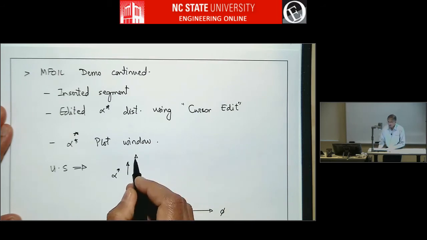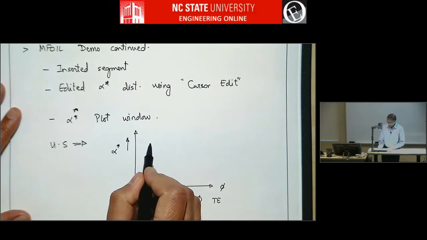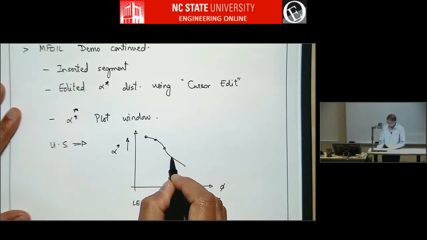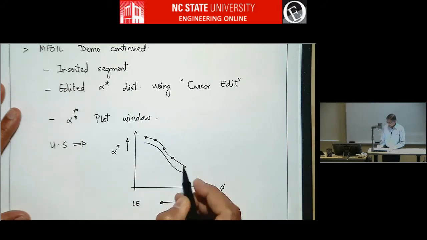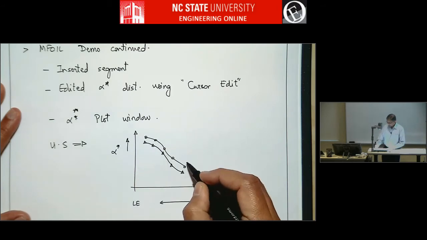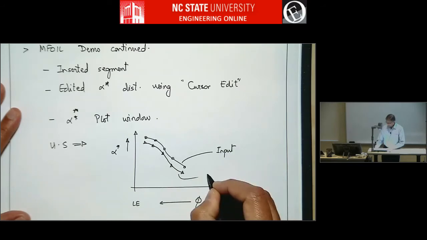Alpha star will increase this way, but phi will increase this way, because this is the trailing edge and this is the leading edge, and phi on the upper surface goes from 0 to 30, right? So it will go like this. And maybe you'll have a curve like this with some circles, and you'll have another curve like this with upward triangles. And as always, this is the input and this is the converged.